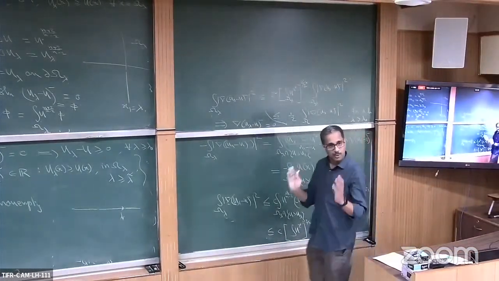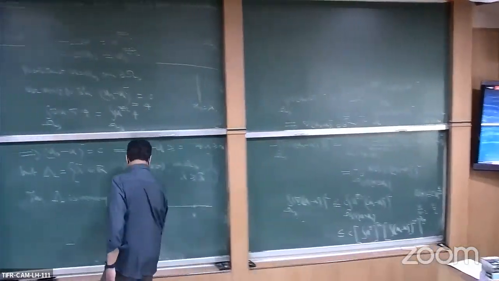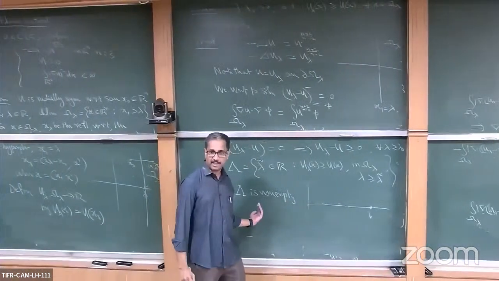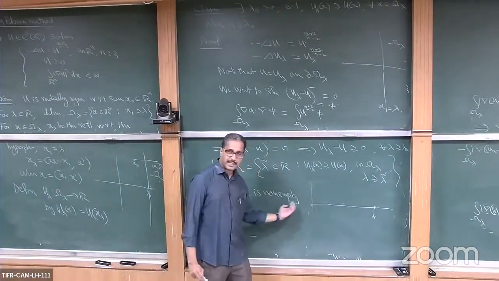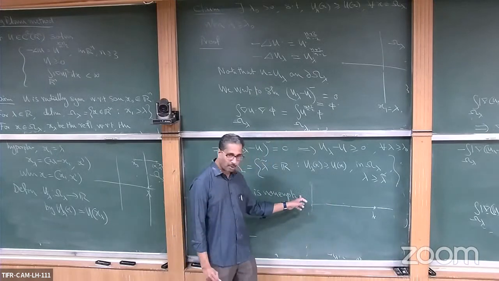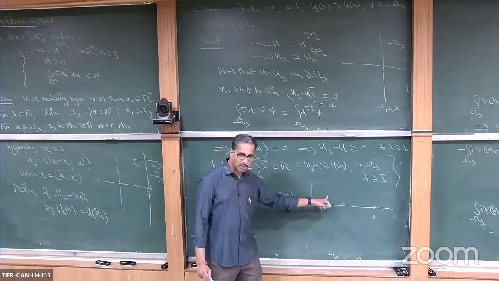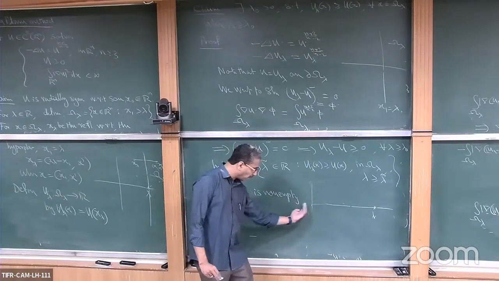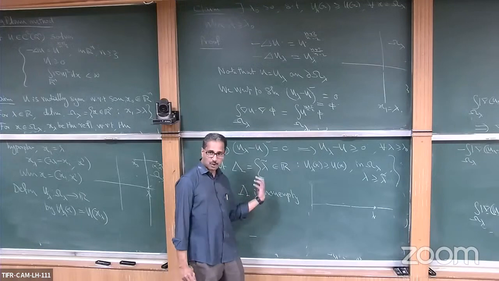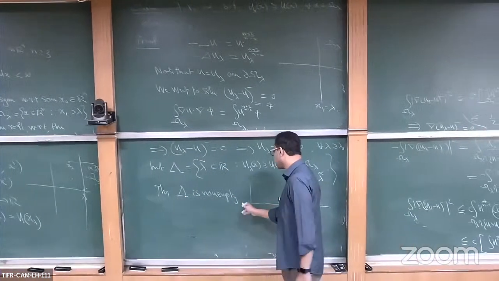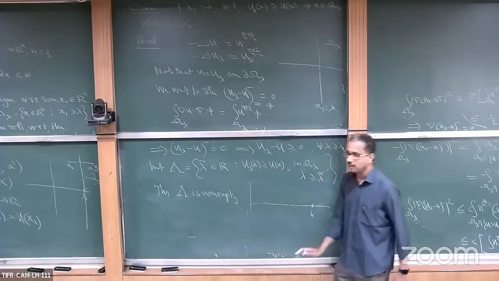I can do the same argument going to minus infinity somewhere here. Lambda goes to minus infinity, and then I can do the same argument and get the opposite relation. That means if you start at a point here, the reflected portion here is going to be bigger than here, for all lambda close to negative infinity. So that will show that after a certain stage, the points are not going to belong to the set.